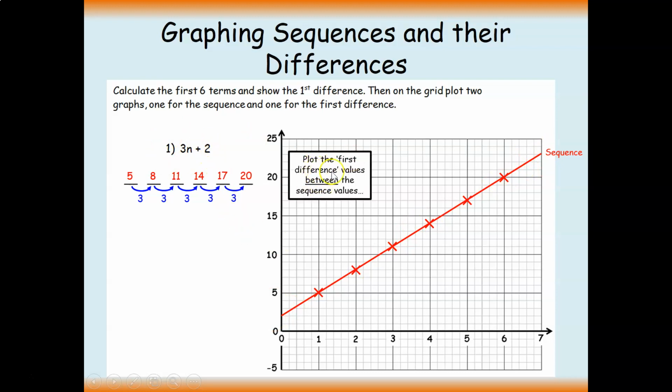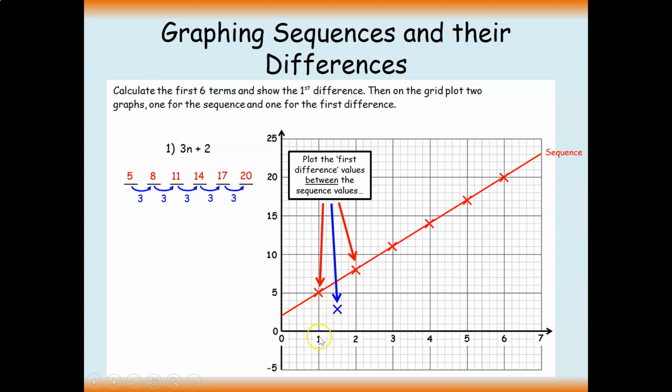Plot the first difference values between the sequence values. Okay, so there you have 3, because 8 minus 5 is 3.